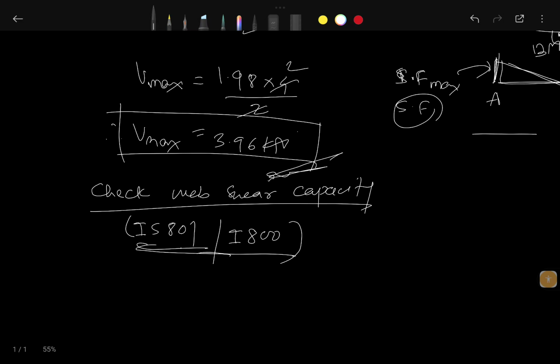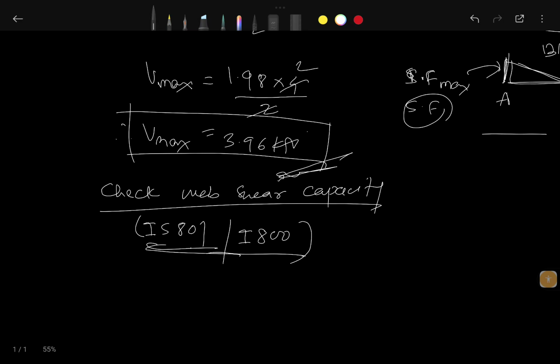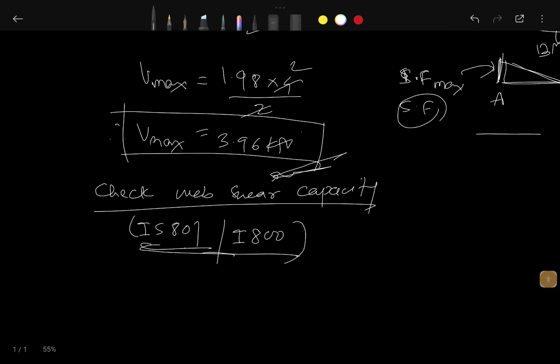Now I will tell you some important points. If you want real section properties, then the first point: always check the manufacturer table.